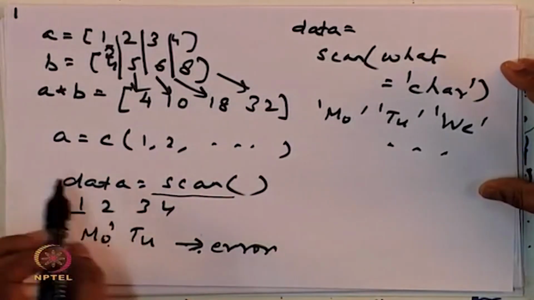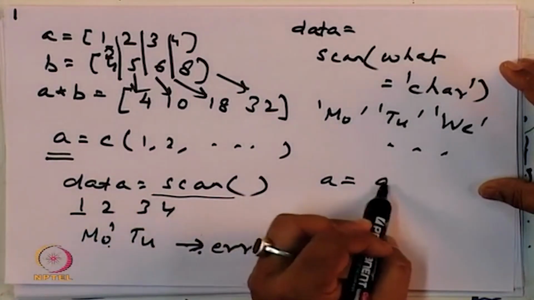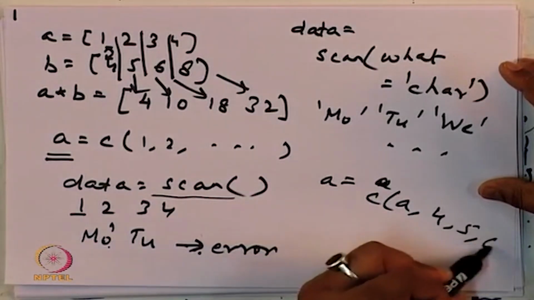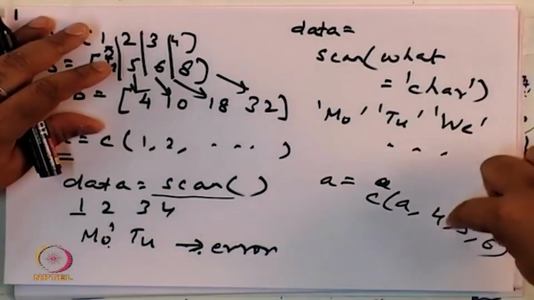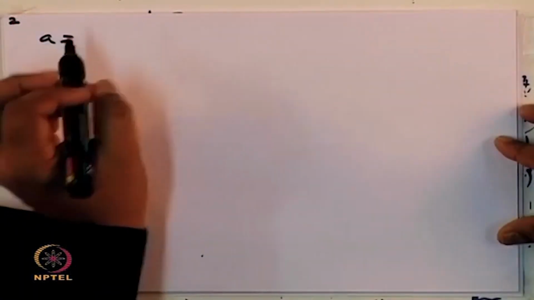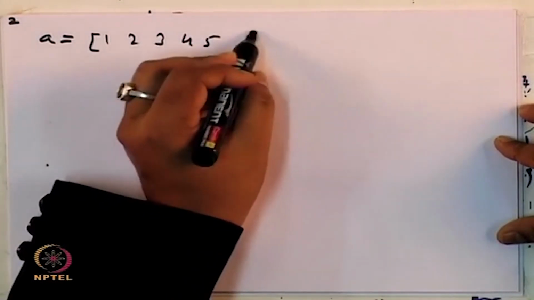You can easily add to a vector. So you have a vector A, and you can write A is equal to c of A comma 4, 5, 6, so on and so forth. So you can add these numbers either before or after the vector. Once you generate a vector, let us say A is equal to 1, 2, 3, 4, 5, 6. Okay.